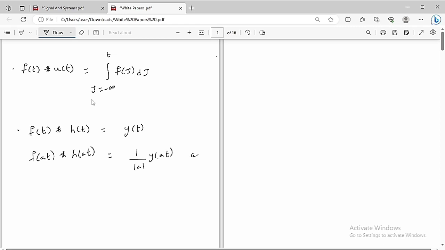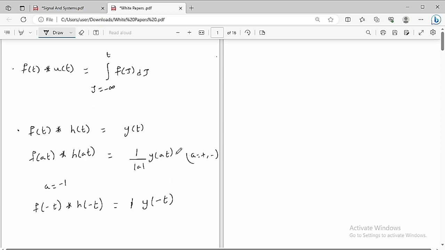A can be either positive or negative. Suppose a is equal to minus 1; then f of minus t convolution h of minus t is equal to 1 by mod of minus 1, which is nothing but 1, into y of minus t. Therefore f of minus t convolution h of minus t is equal to y of minus t.